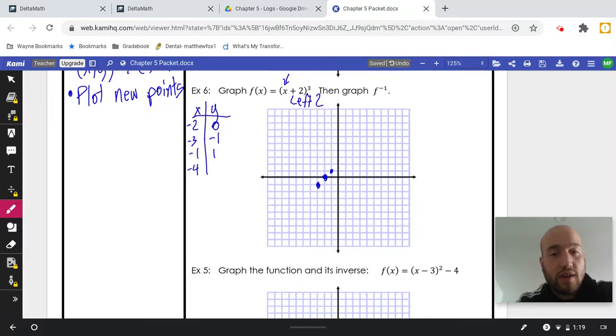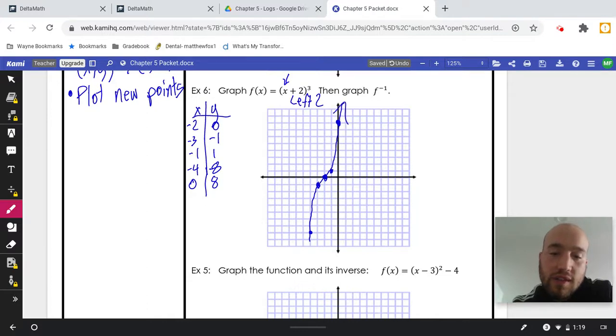If we cube that, we get -8. And the final one, if we plug in a 0, 0 plus 2 is 2, and 2 cubed is 8. Then all we have to do is draw that.